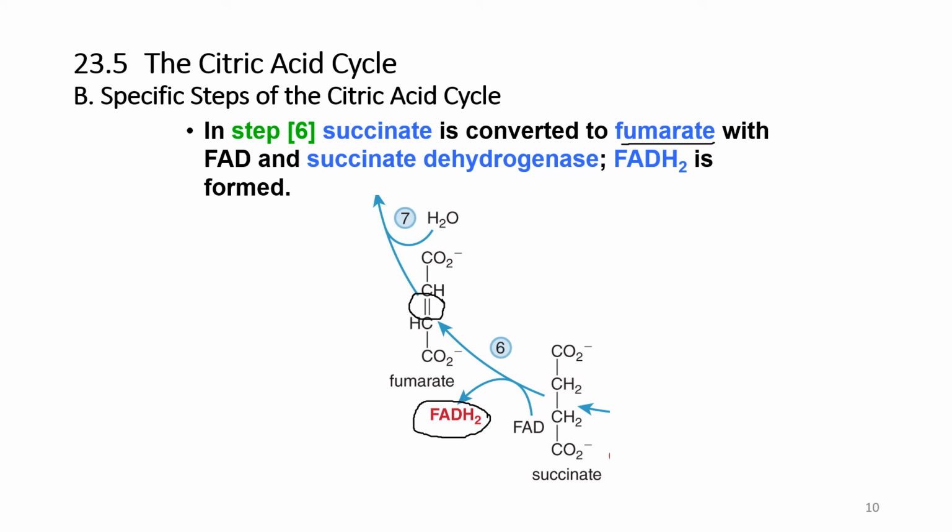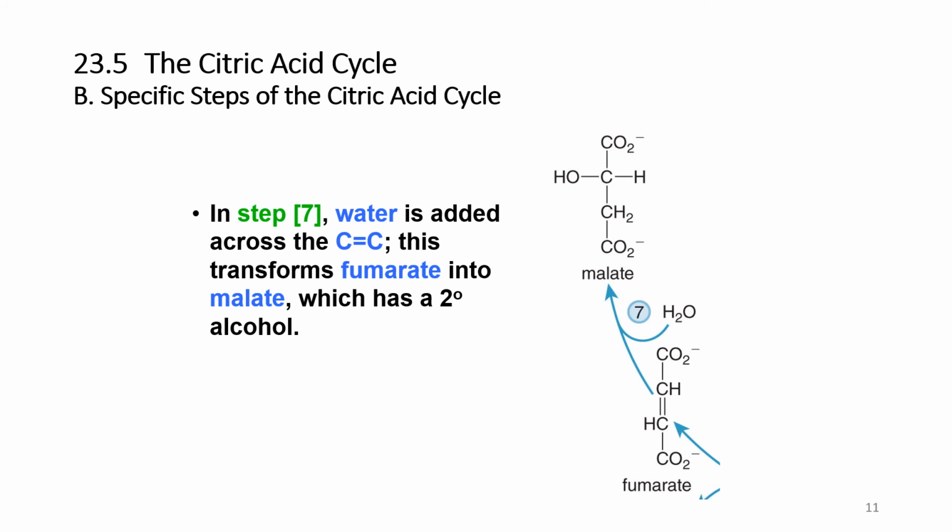And succinate dehydrogenase, again, is that enzyme. Basically, the second half of this cyclic pathway is rearranging the structure of these intermediates in order to reform oxaloacetate.